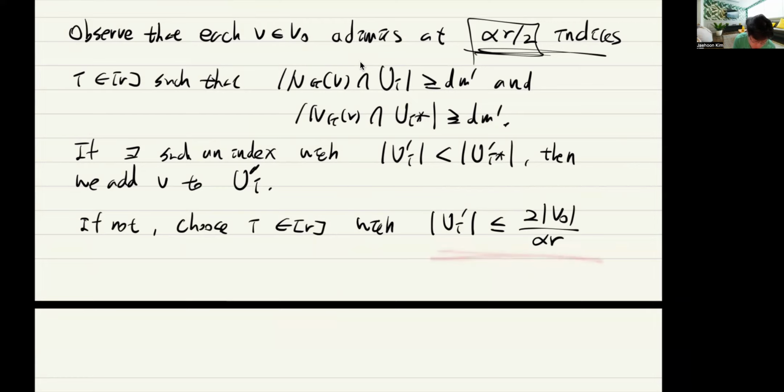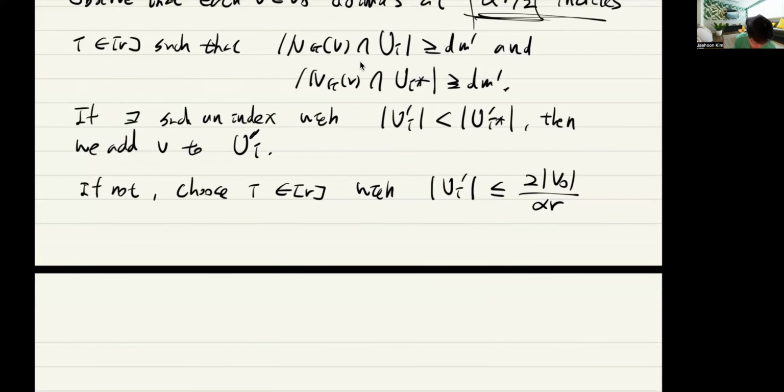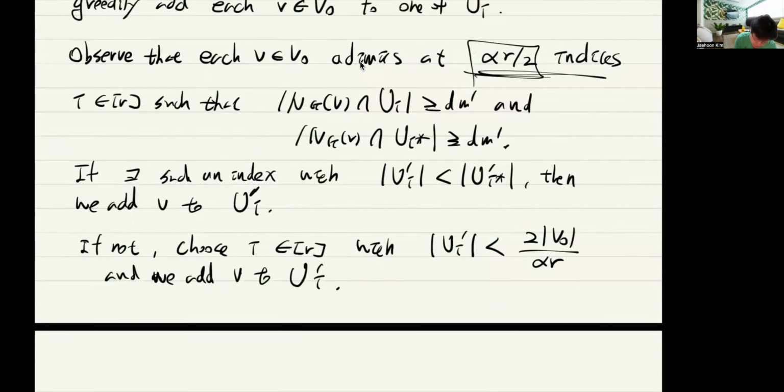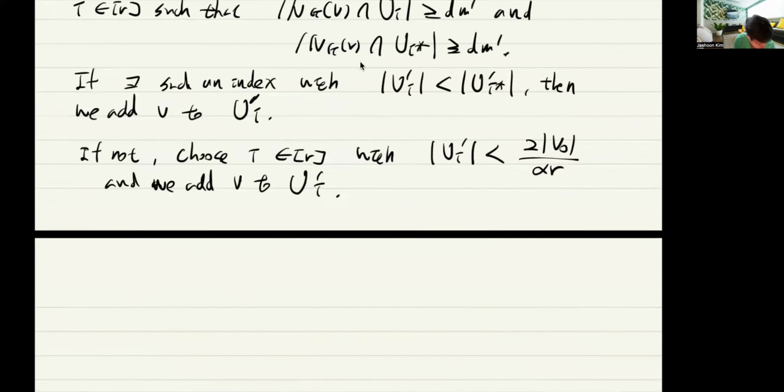So this holds. And we add B to this U'_i. Actually this is strictly smaller because B is not yet assigned. Then this holds, so you can make a distribution such that this holds. So this number here is actually bigger than here. But this 10 was not tight. We could write 2, but I just wrote 10 to be safe.